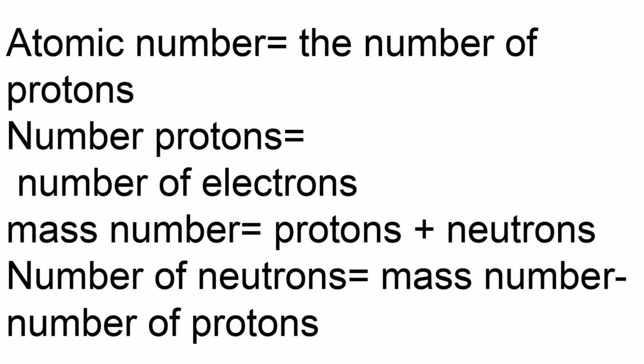Number of neutrons is 12 minus 6, which is equal to 6. What about lead with a mass number of 207 and an atomic number of 82? How can we find the mass number, atomic number, number of electrons, number of neutrons? I'll show you right away.